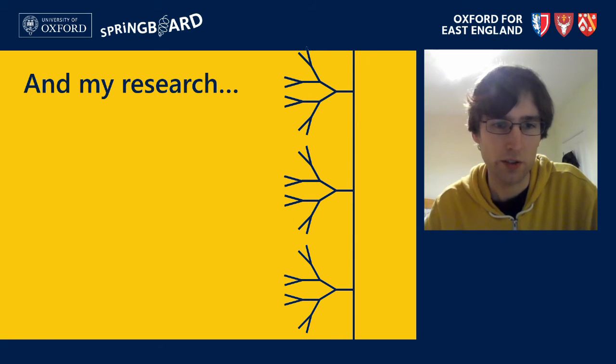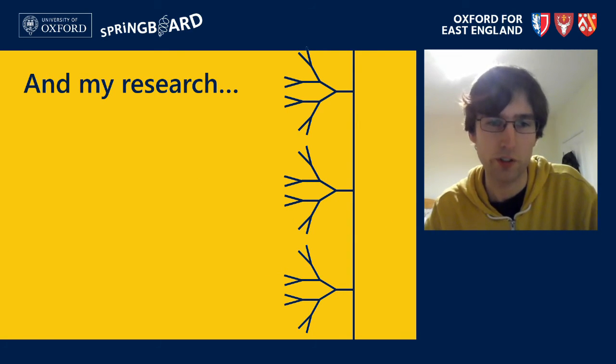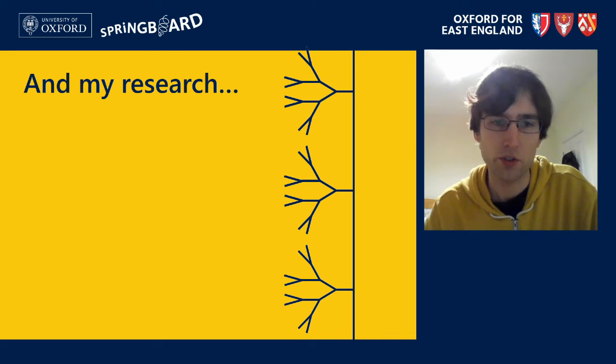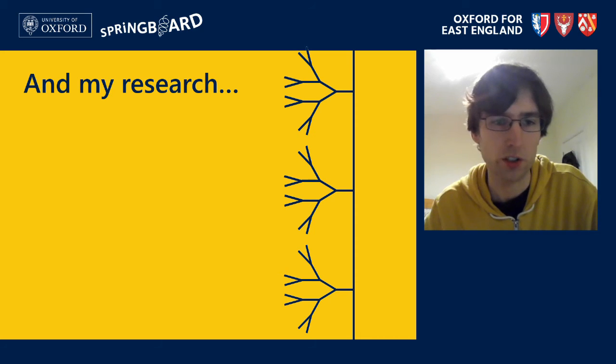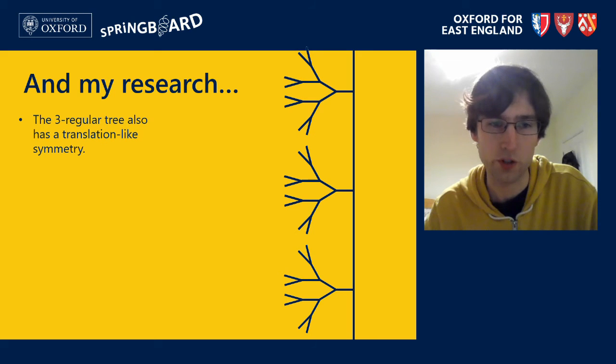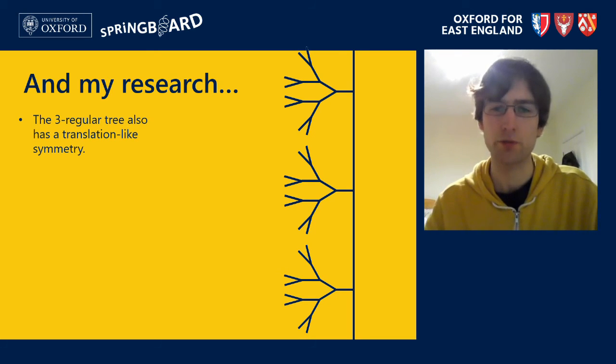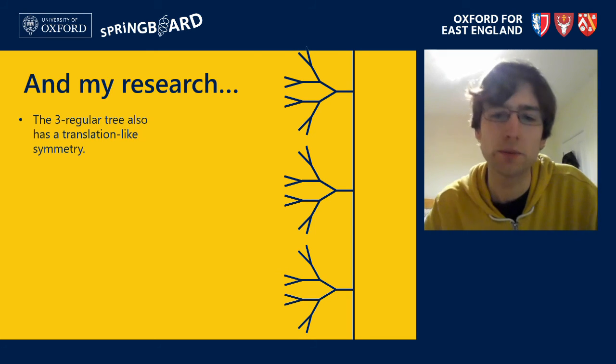And now to talk about another type of symmetry of the tree, which touches on some of my research as a PhD student. So there's another symmetry of the tree which looks a bit like a translation. In order to see this symmetry, you have to draw the tree in a slightly different way, as I've done here.